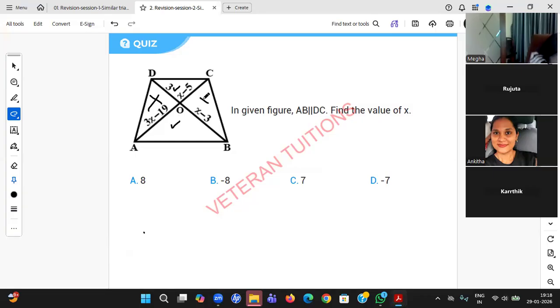Don't go for this triangle. These triangles are not formed between the parallel lines, so you can't take all those criteria. Only the triangles which are formed between parallel lines will be similar. So I am drawing with the red color. This only can be similar, not the other two.